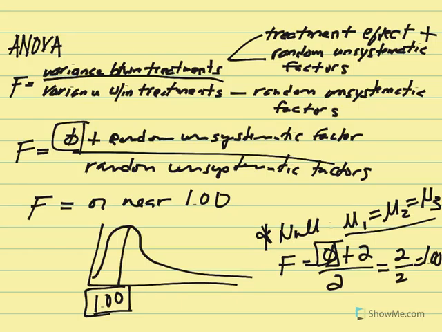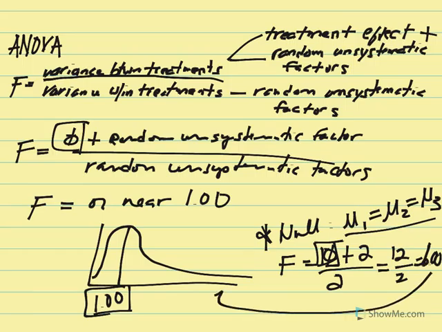Let's say instead our treatment effect is equal to 10. And again, please note, I'm just making up these numbers for you to see mathematically what we mean by an F ratio equal to or near 1. So now if we have a treatment effect equal to 10 added to the unsystematic factors of 2, we have 12 divided by 2, and we get an F ratio equal to 6.